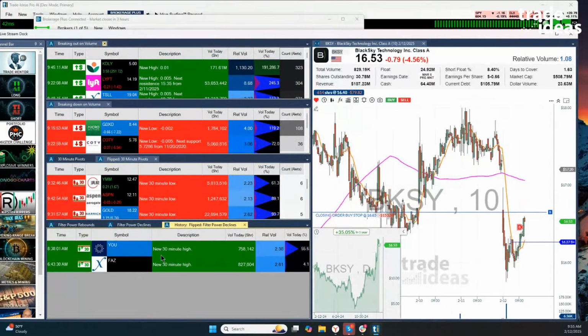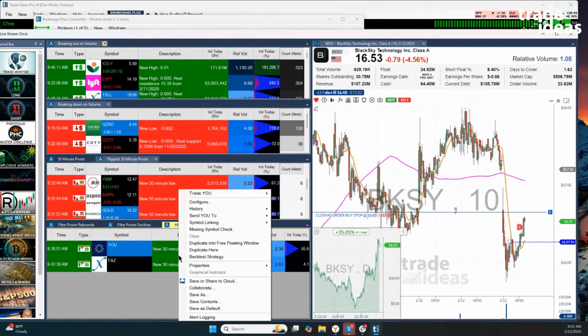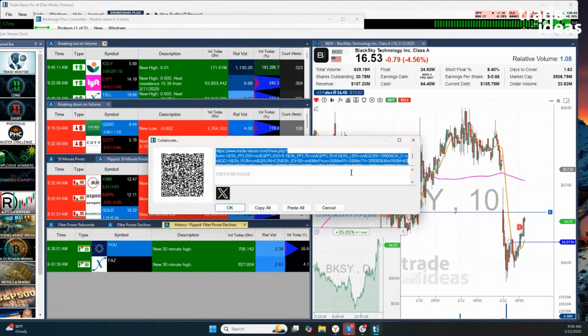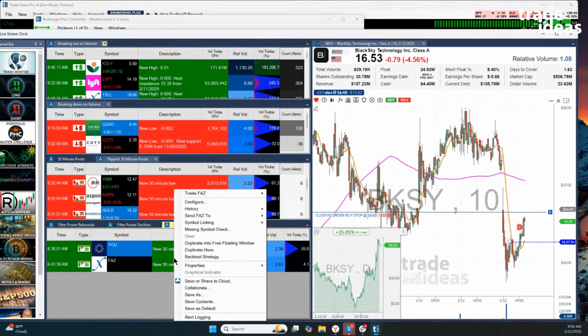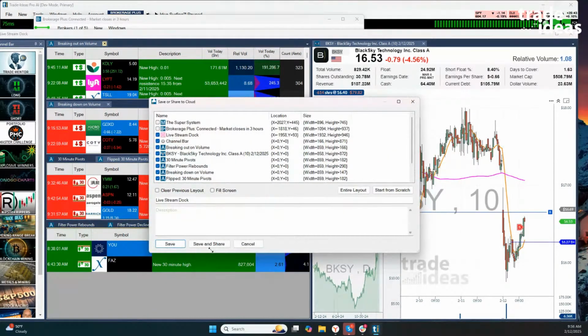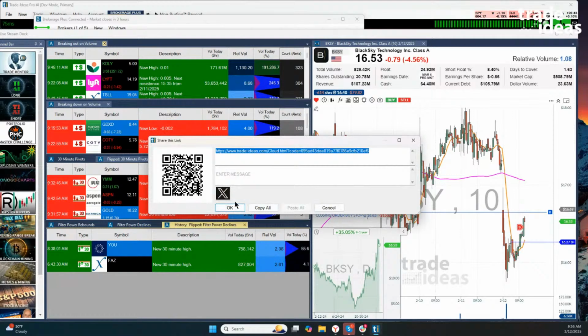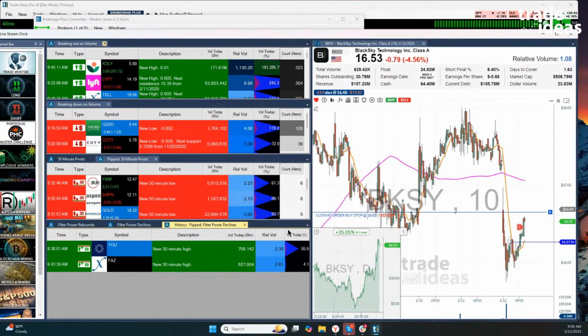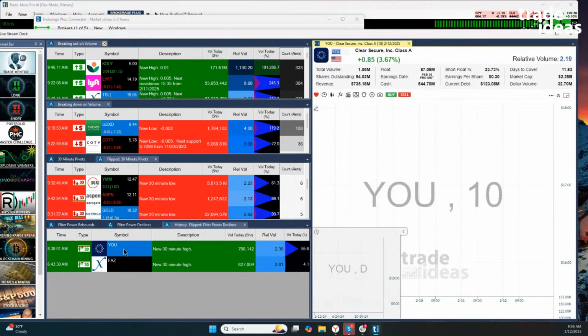Okay, so let's put these. Since we're almost at the end here, I'm going to right click, save and, dang it. Right click, save and share to the cloud. And I'm going to start dropping these in here for you guys. That's this one. Filter power decliners.